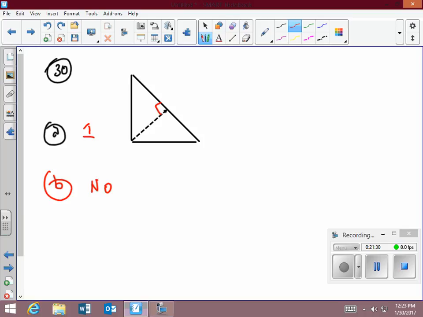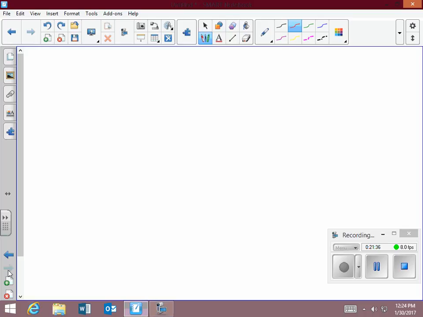And what it turns out to be is that the measure of the angles of a polygon that has n sides is (n minus 2) times 180. So a triangle has 3 sides, so 3 minus 2 is 1, so that's 180 degrees, and then it has more sides than that.